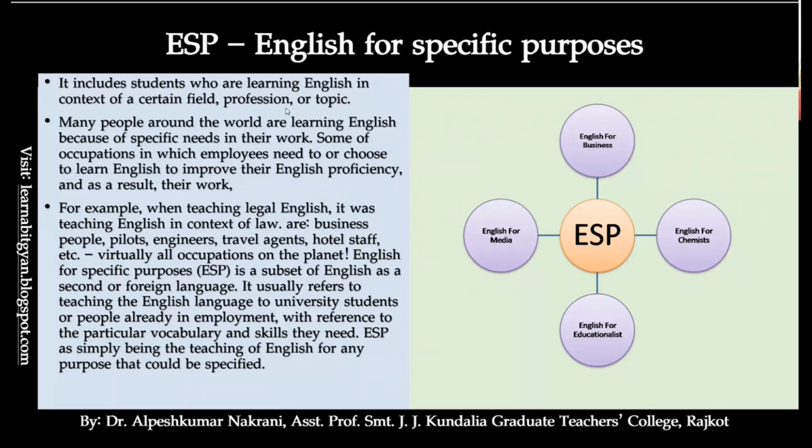So English for specific purpose, ESP, is actually a part of English as a foreign language, right? English as a second language or English as a foreign language, and ESP is a sub part of it. You are actually learning English as a second language, but you are also learning English for a specific purpose.